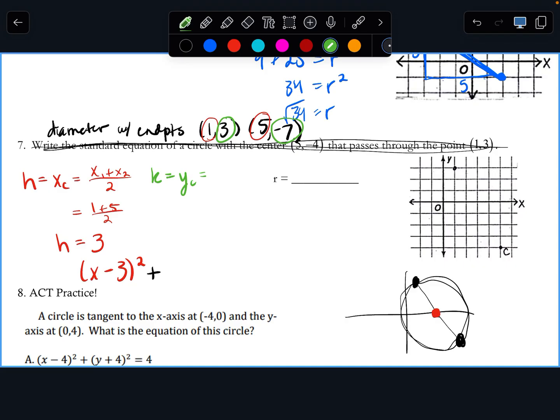If you really like the formula, you can write it, but all you're doing is adding y's together and dividing by 2, because that's how you average things. So you go 3 and negative 7 divided by 2, and you get negative 2. Cool. So then my other part of my equation is y plus 2 squared.